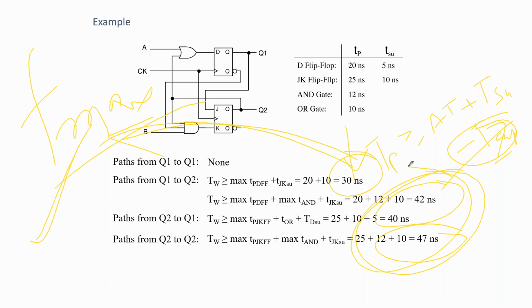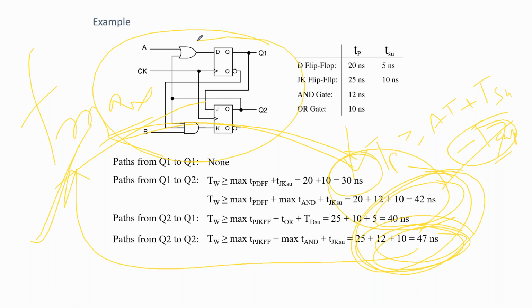To have no violation and have the frequency also, this is the time period for which these three paths will also not have the violation, and my circuit will be operational.